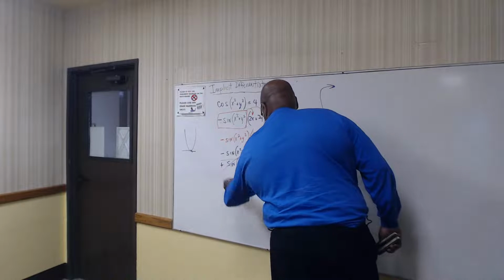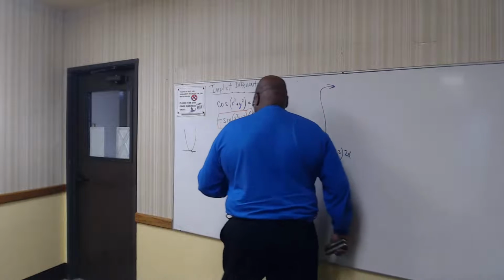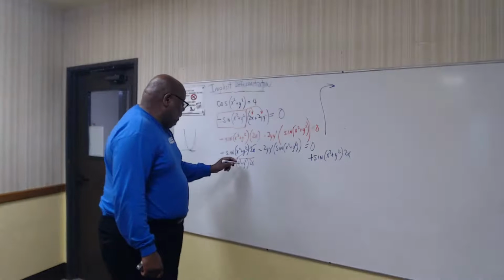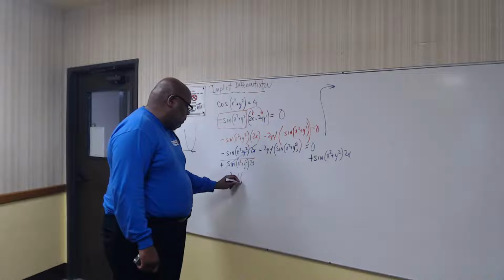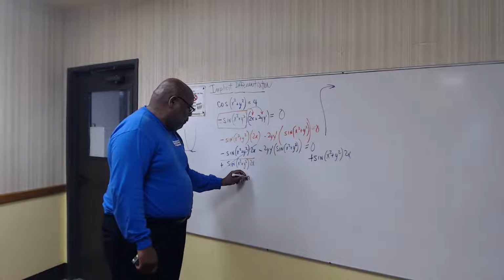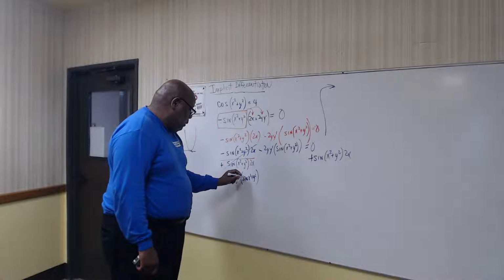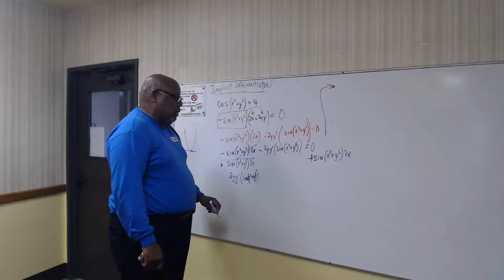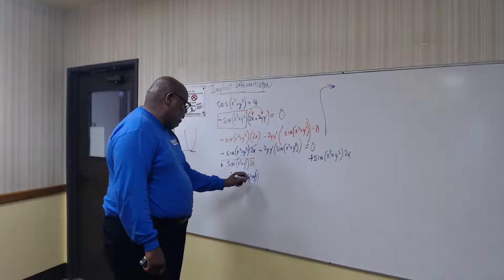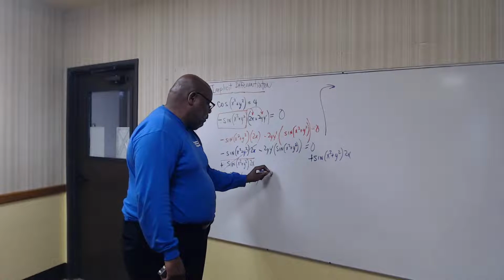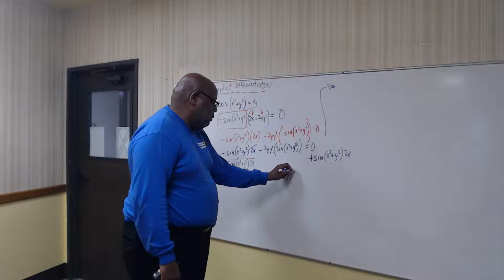We get that dropping out because you added it. But over here you get, I better put it down here, what's left over? 2y, y prime, sine of x squared plus y squared, equals sine of x squared plus y squared times 2x.